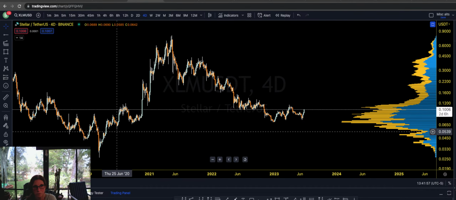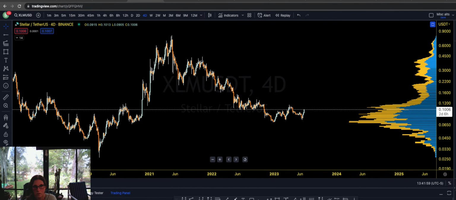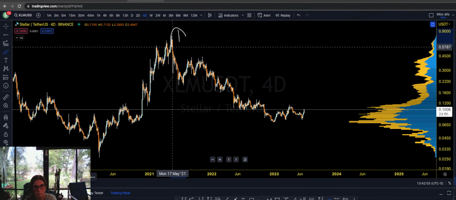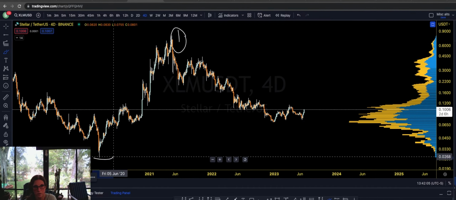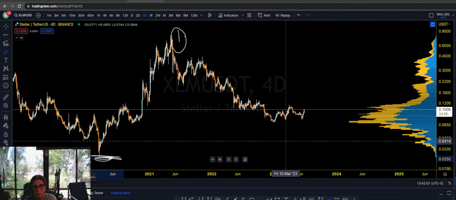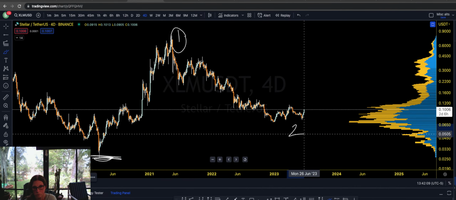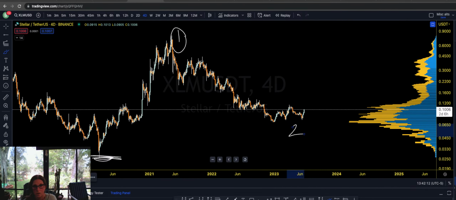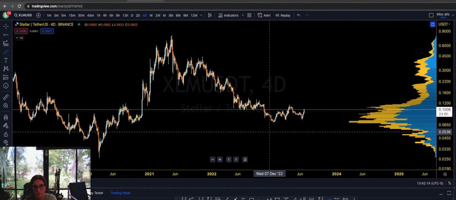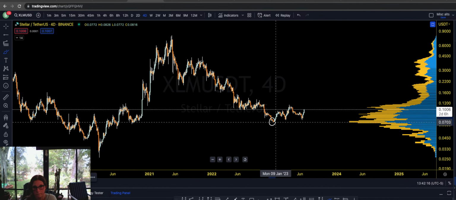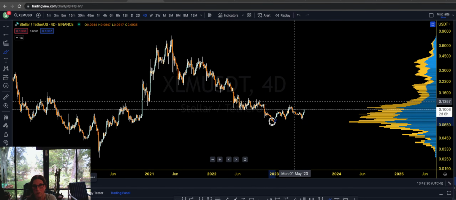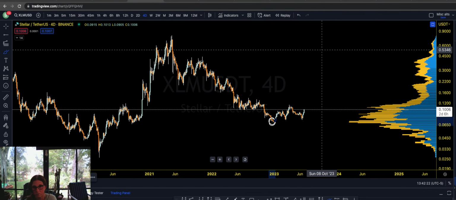So we've got this move to the upside that obviously we want to be a 1, okay? We do not want to break this low ever because we want this to be a 2. With that said, if this is not the bottom, we definitely want to see a big connector here.